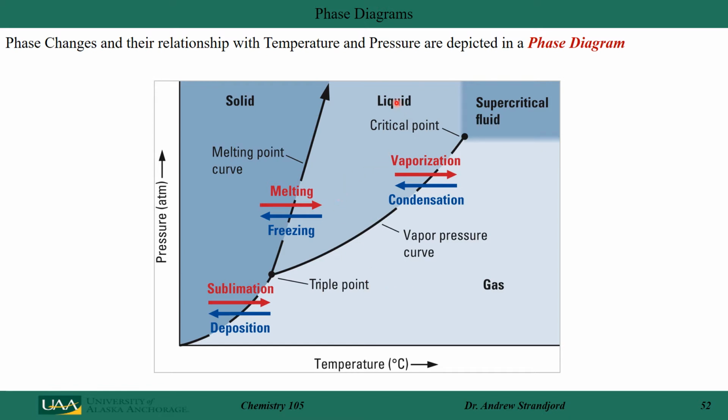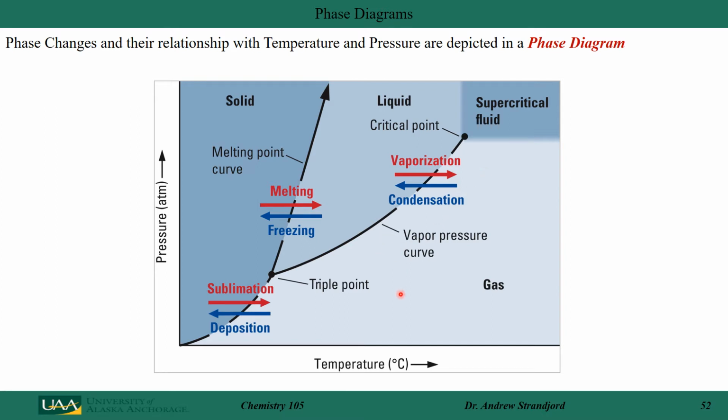Everything in this slightly darker area is a liquid, and everything in this dark gray area here is a solid. So depending on the temperature and the pressure, my substance can either be a solid, a liquid, or a gas. And there's a special point here which we're going to talk about shortly. It's called a supercritical fluid.